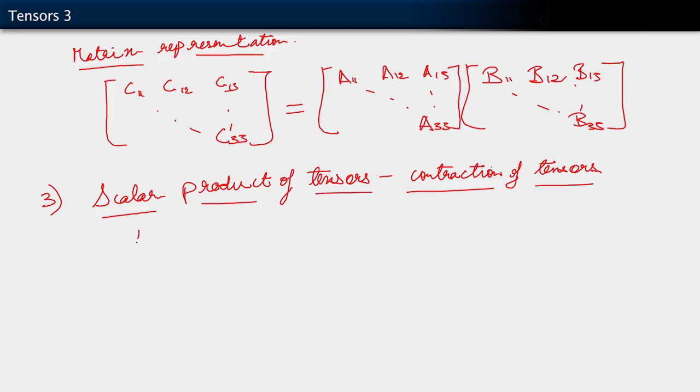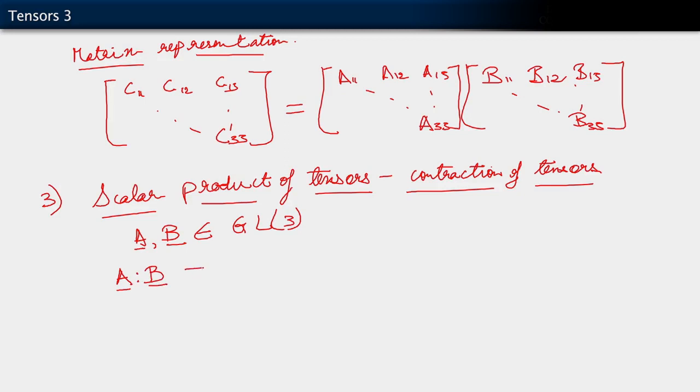If we have tensors A and B, we will write the scalar product of A and B, or the contraction of A and B, with the colon symbol.